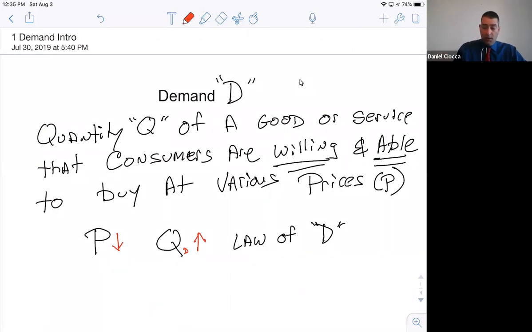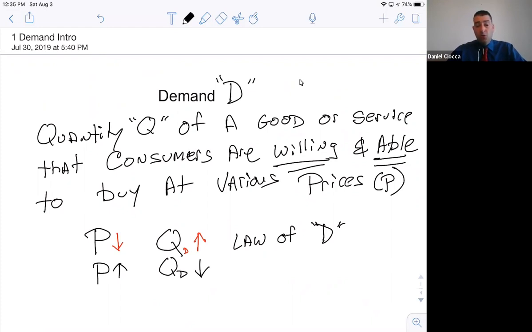So when price goes down, the quantity customers are willing and able to buy, the quantity demanded, goes up. And inversely, the opposite is true. As the price of a good or service goes up, the quantity that customers are willing and able to buy goes down. So to summarize, the law of demand says that price and quantity demanded are inversely related. When one goes up, the other goes down, and vice versa.